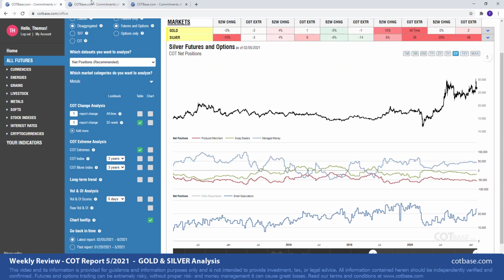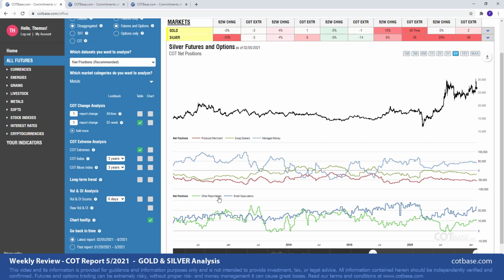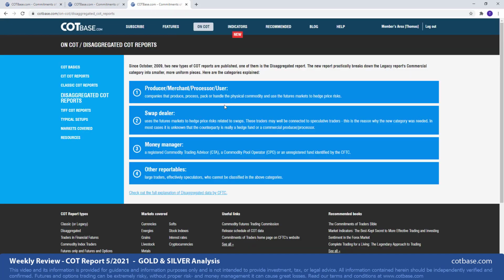So there's no change over there. It's really just commercials and large speculators that are further broken down into these categories. So if you want to understand who they are, you can read for yourself. Large traders that are not hedge funds are categorized into other reportables, and you'll see later why I emphasize that.